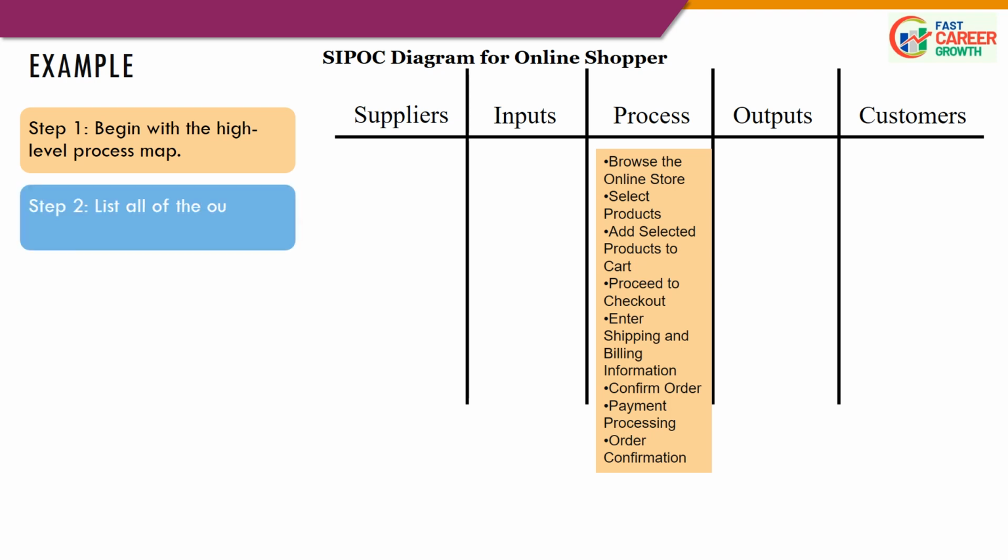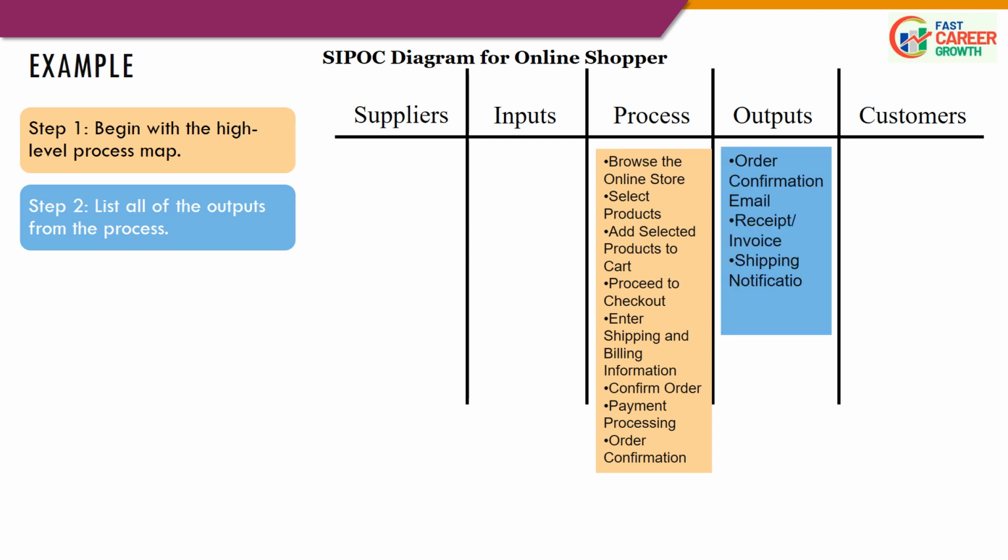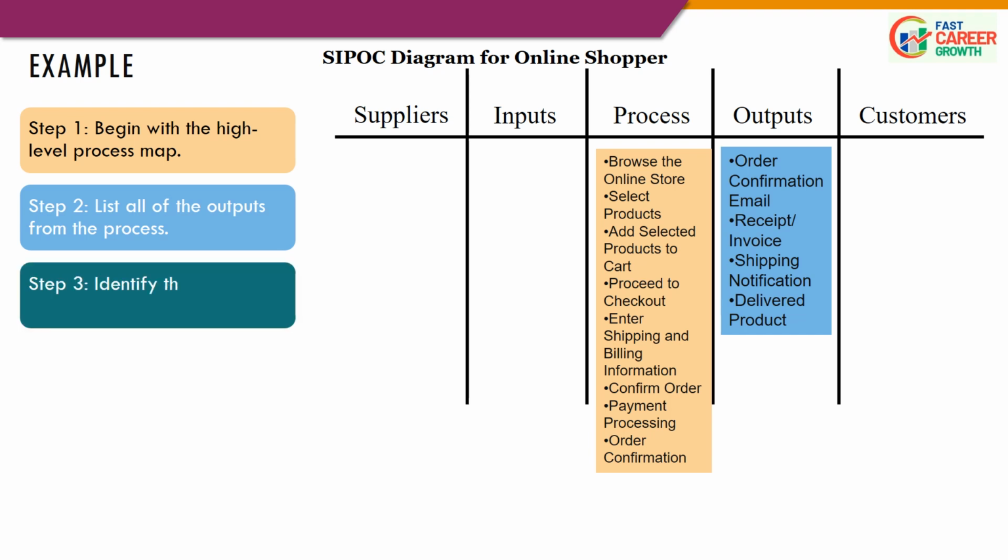List all of the outputs from the process. Outputs are the final products generated by the process, such as order confirmation email, receipt or invoice, shipping notification, delivered product. Step 3. Identify the customers receiving the outputs.